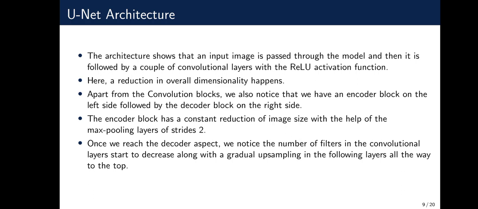The encoder block has a constant reduction of image size with the help of max pooling layers of stride 2. Once we reach the decoder, we notice the number of filters in the convolution layers starts to decrease along with a gradual upsampling in the following layers all the way to the top.